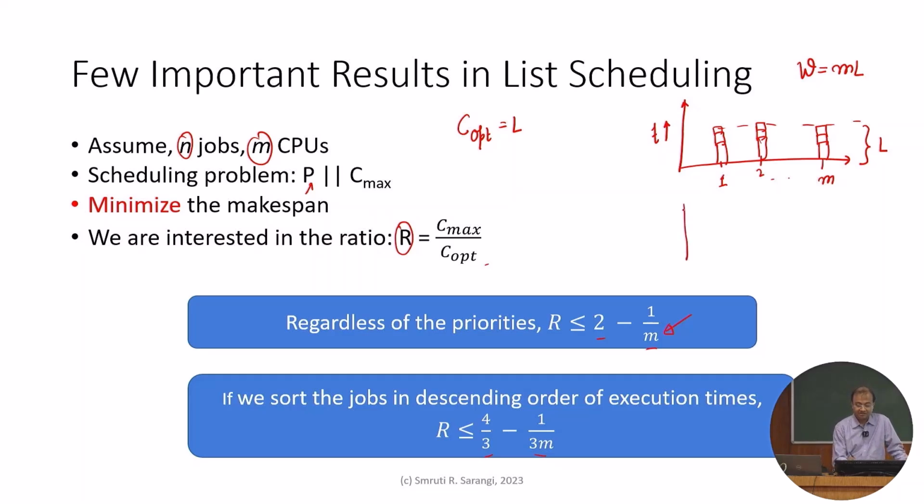Now let us look at a more practical case. So if you look at the practical case, what is the worst case, right? So the worst case will be when, with no loss of generality, what I can say is that all of these finish, right? All of these are balanced. Balance means the same, right?